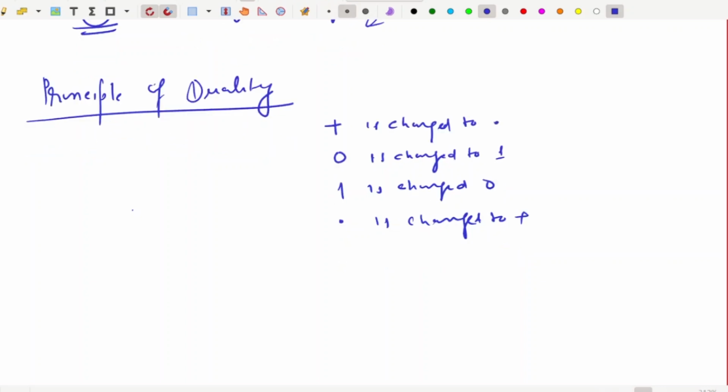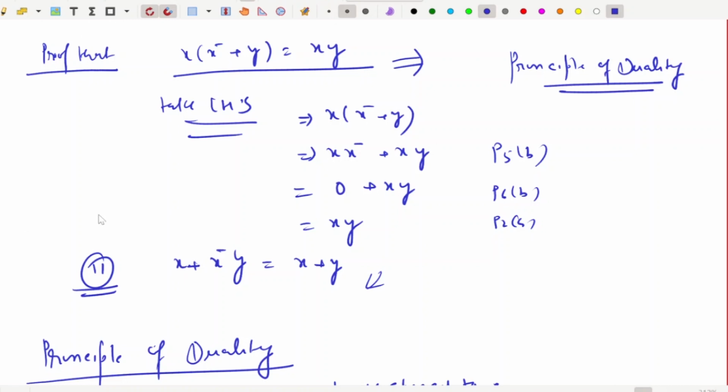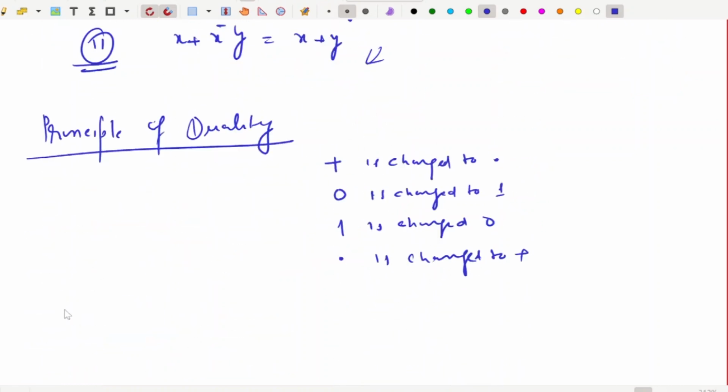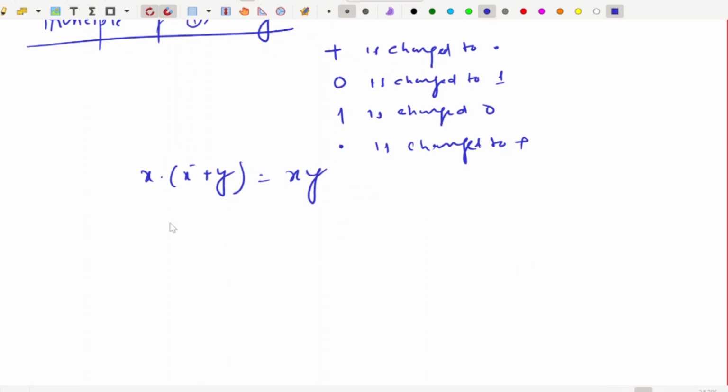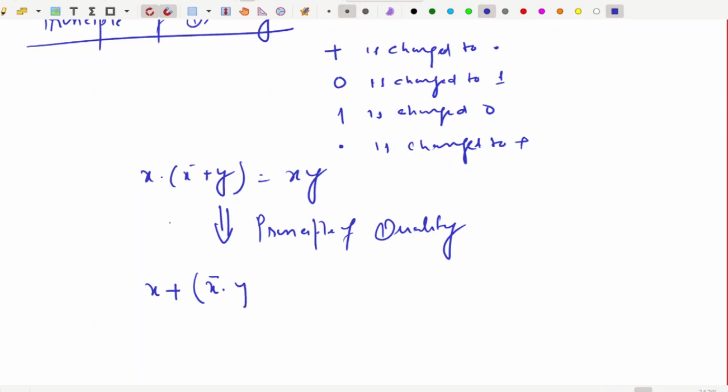Suppose we already proved the theorem x into (x complement plus y) is equal to xy. When we apply the principle of duality in this, x plus is changed to dot, and dot is changed to plus. Here, x complement, this plus operator is changed to dot, and this is y.